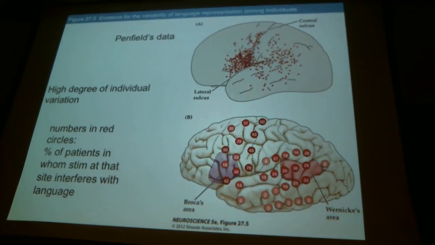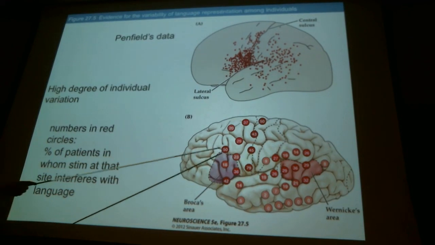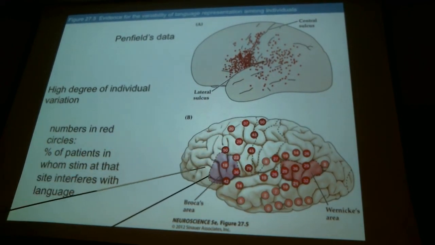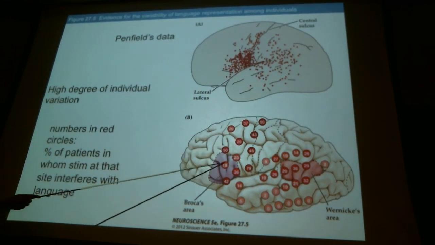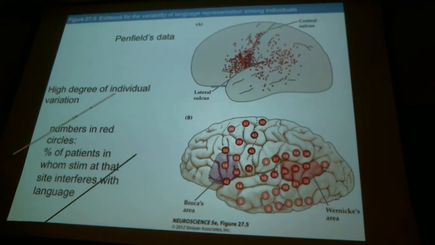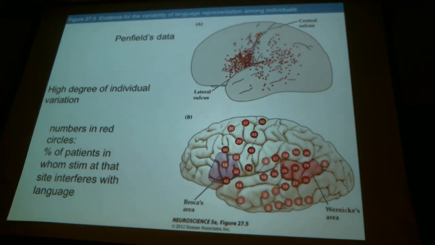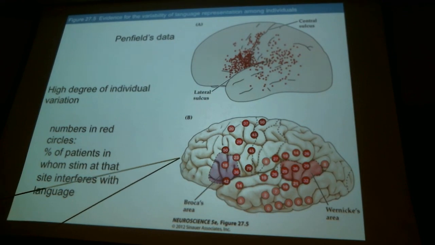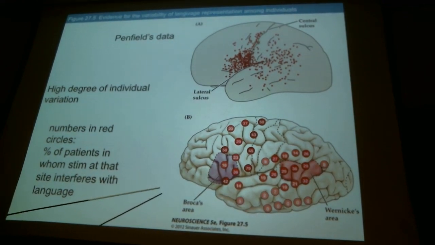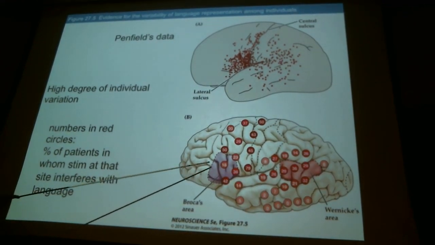And obviously, some of those correspond clearly to motor cortex and Broca's area and Wernicke's area, but some of them don't. This is a summary of stimulation experiments like that, where each of these numbers is the number of patients that had some disruption of language. And so you can see that there's just an enormous amount of variability.